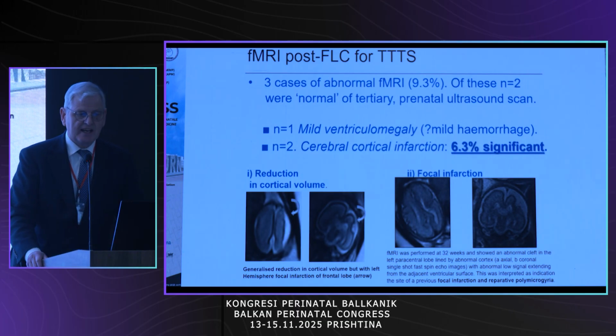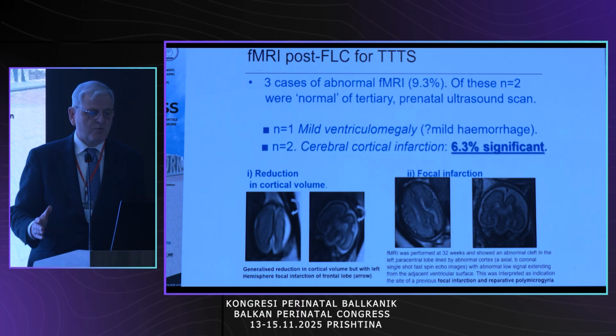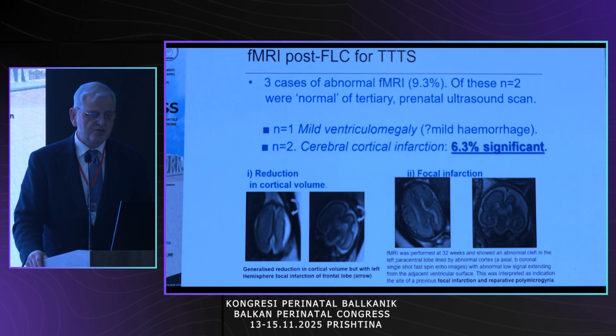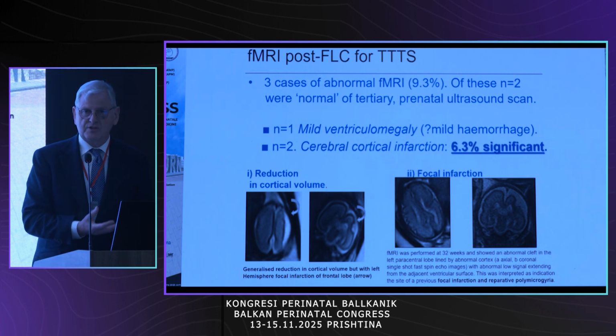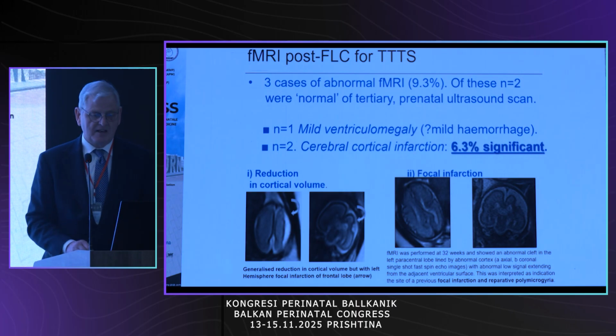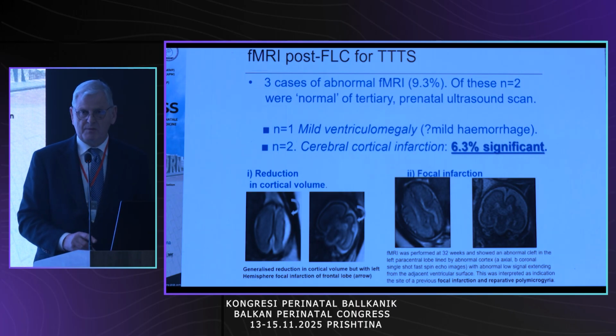When we looked at those 3 cases in more detail, there was one case that had mild ventriculomegaly, which was thought to be due to intraventricular hemorrhage, which seemed to resolve in utero, and the baby was followed up and had no sequelae. But in 2 babies, 6.3% of the total, there was evidence of cerebral infarction, and both led to pathologies of unilateral cortical reduction and also focal infarction of the cortex involving white and grey matter abnormalities with reparative polymicrogyria.